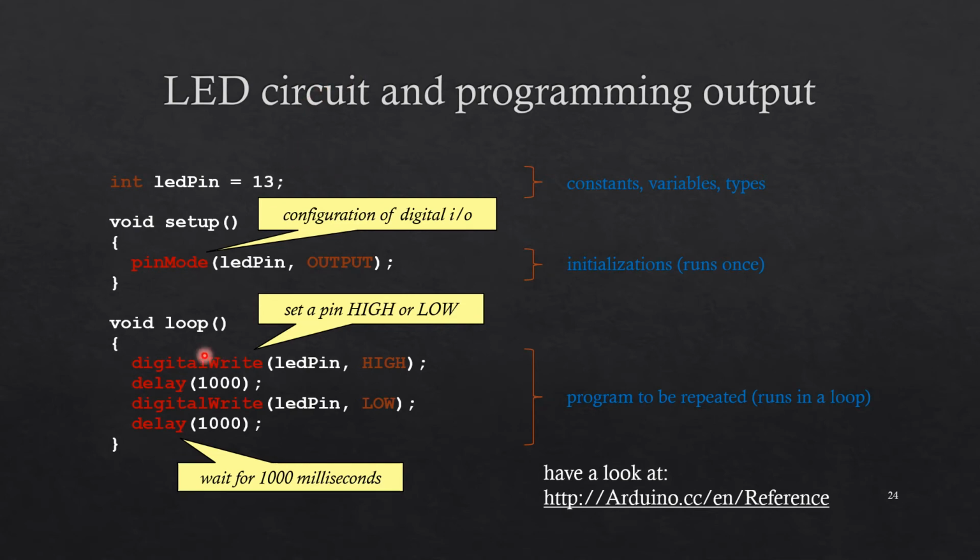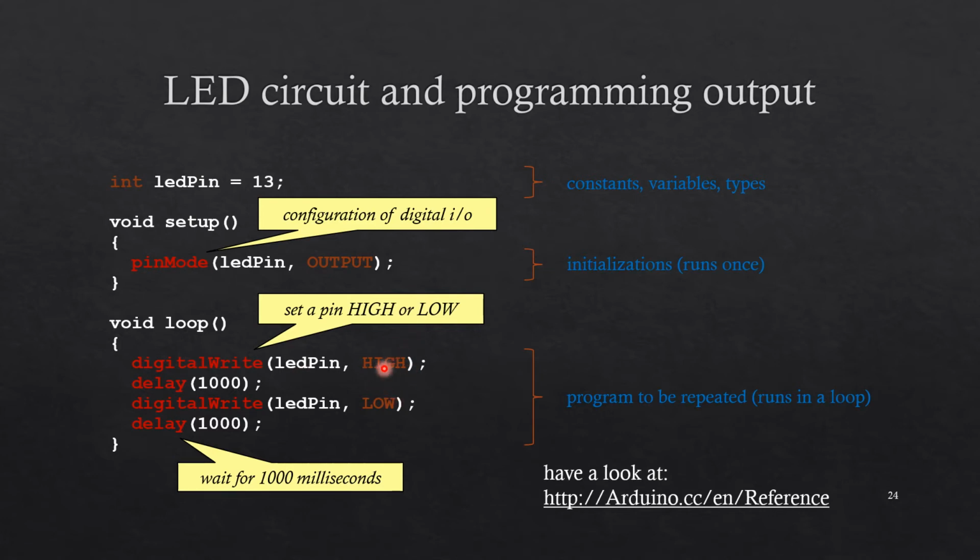In the loop section, we read and we write to the pins. So here we are writing to the pin of that LED. We are writing a digital signal, so we say digitalWrite, and also pay attention to the capital and small letters. Between the two parentheses, we define which pin we are writing to and what we are writing to that pin.